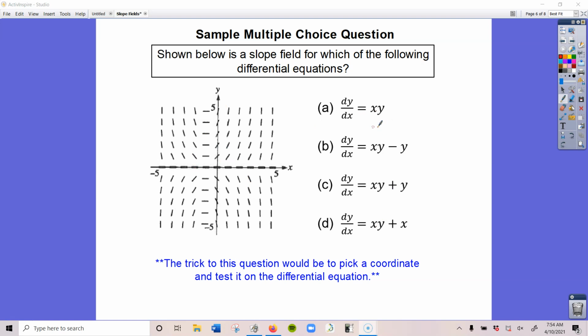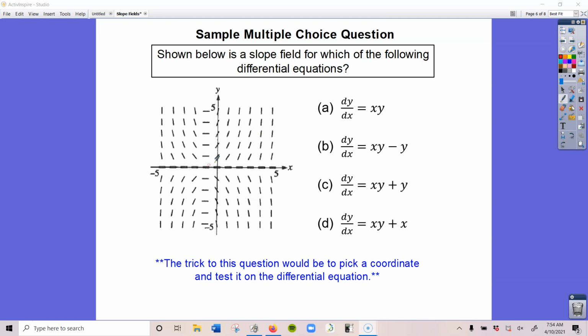However, what we can do is pick an easily identifiable slope, such as here along x equals -1, where we see that the slope is all 0. We can pick corresponding coordinates and plug them in to make sure that the differential equation is equal to a slope of 0.